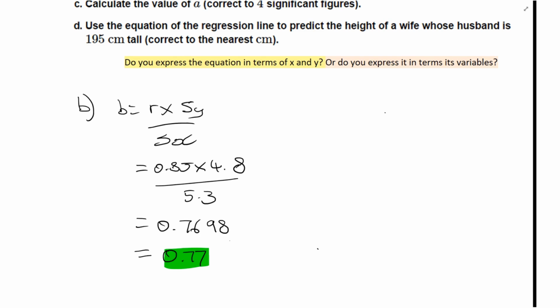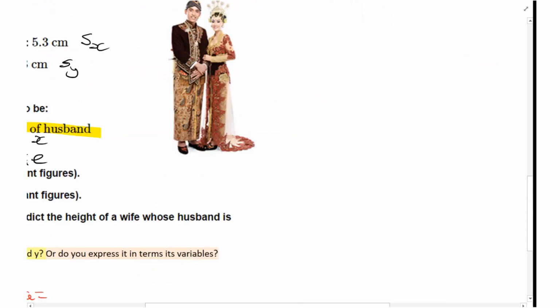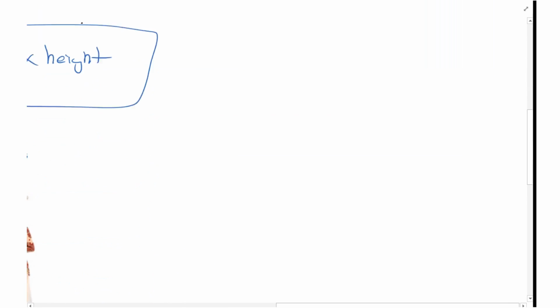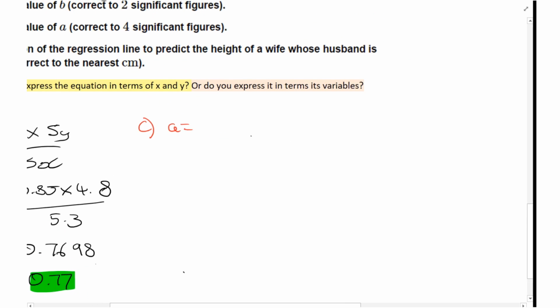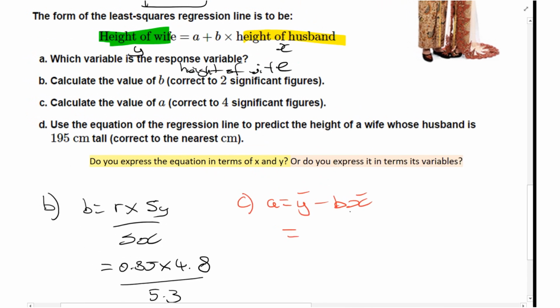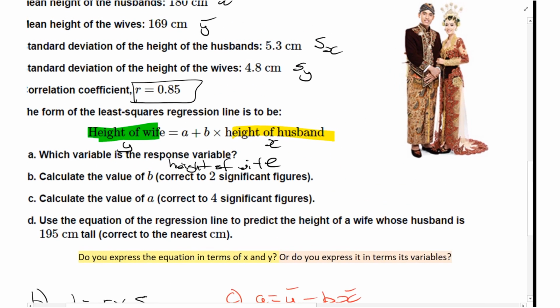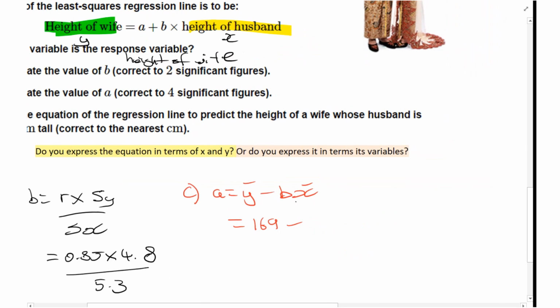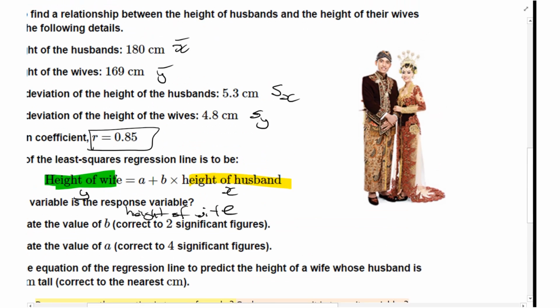So question part C is, and remember, a is y bar minus b x bar. Y bar's up here, y bar's 169. So 169 minus, we said our b was 0.77, times our x bar, which was 180.